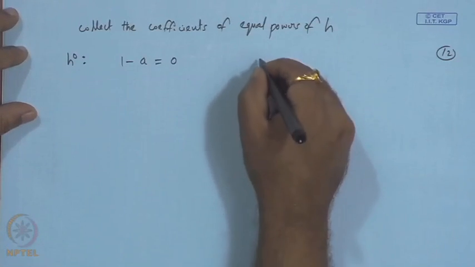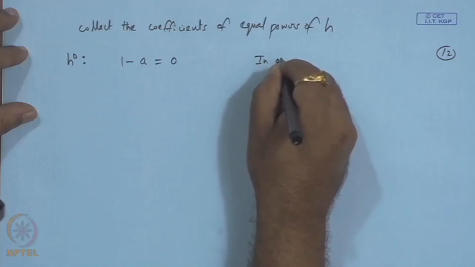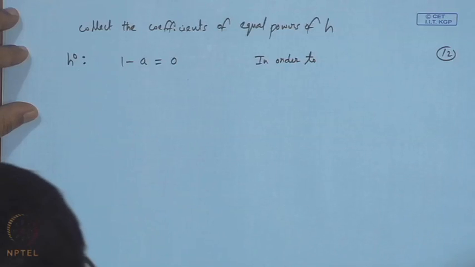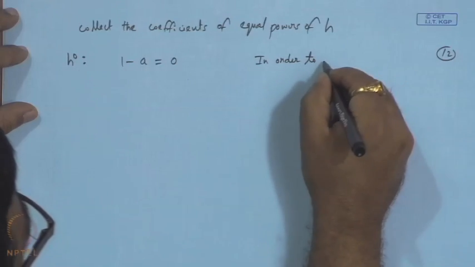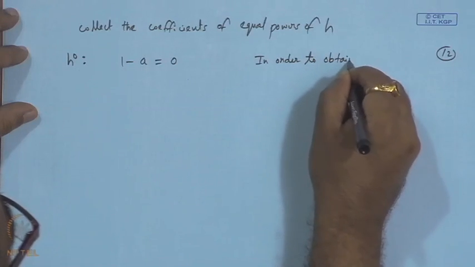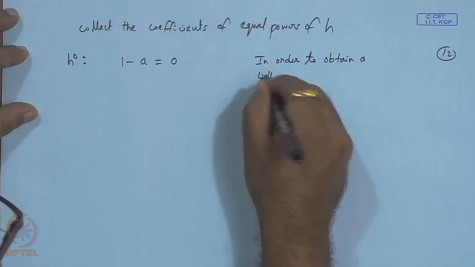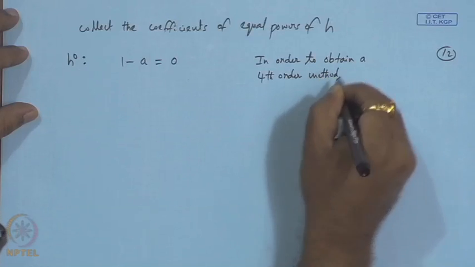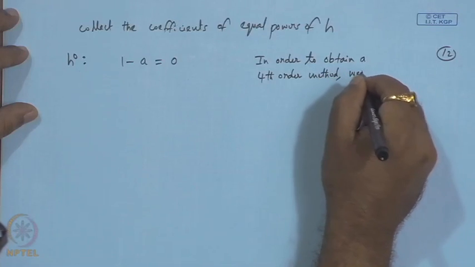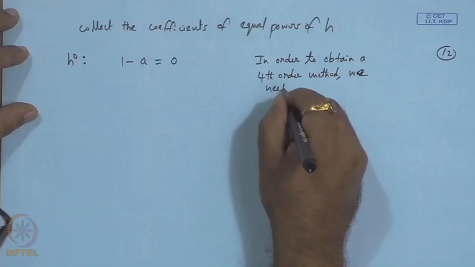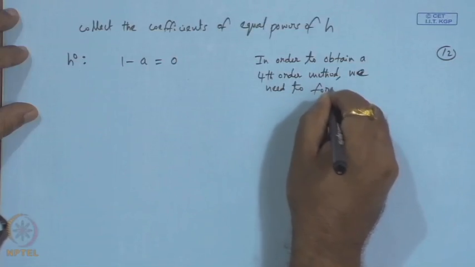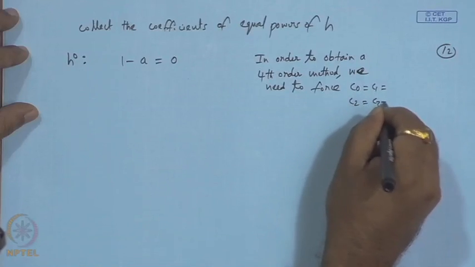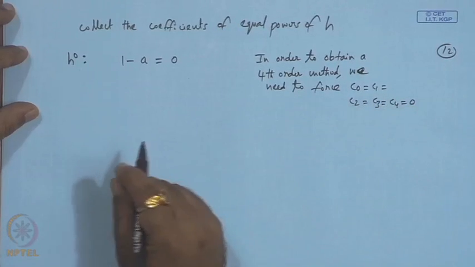So, remark is, in order to obtain a fourth order method, we need to force C 0, C 1, C 2, C 3, C 4 to 0.